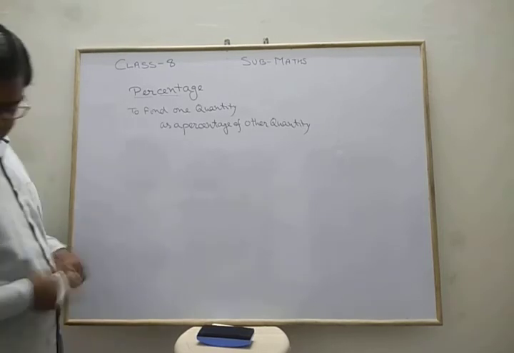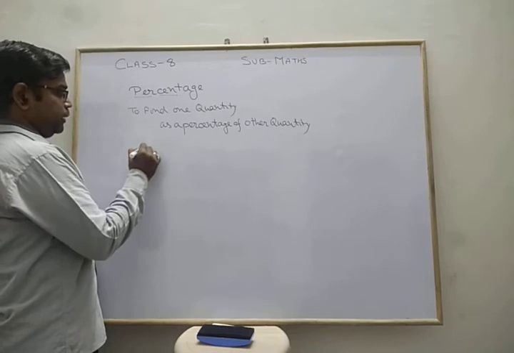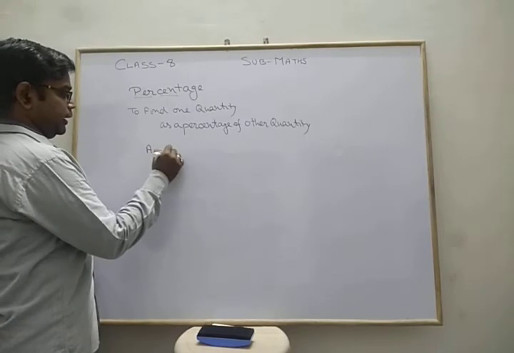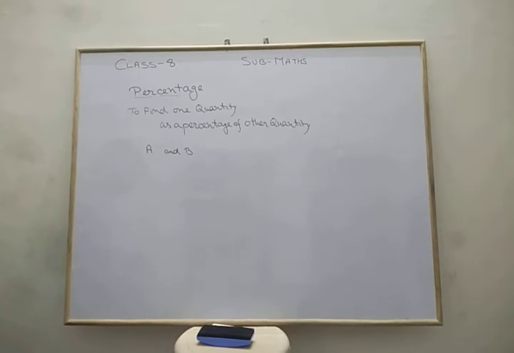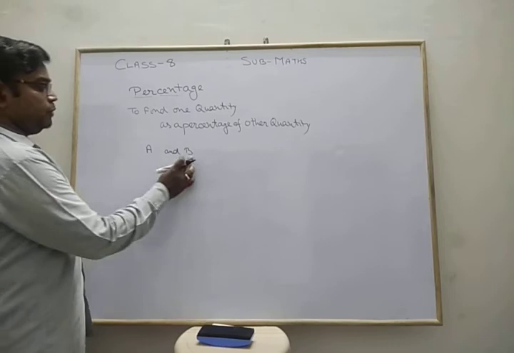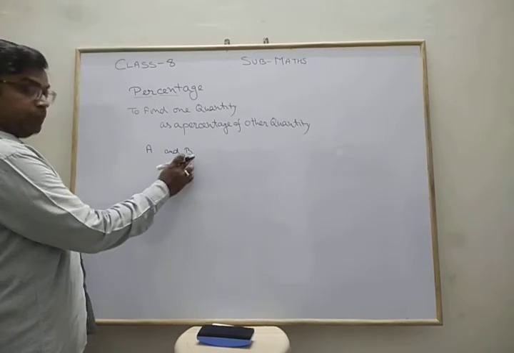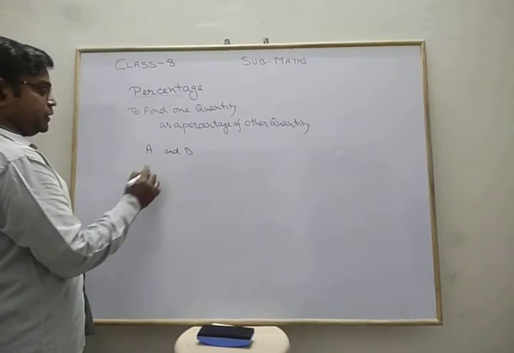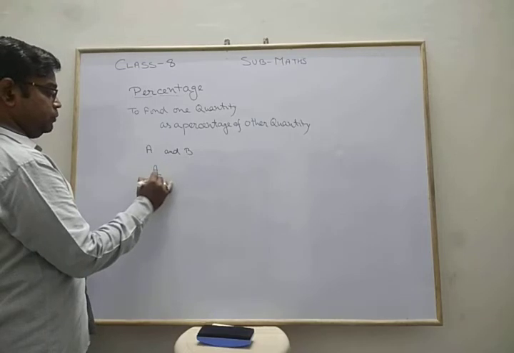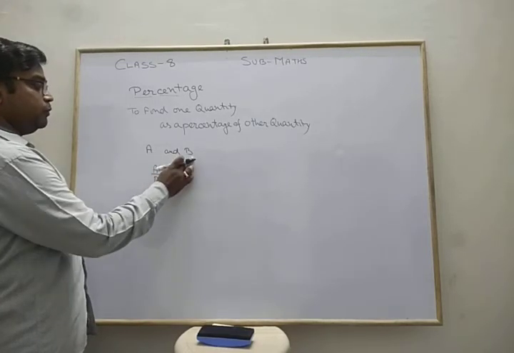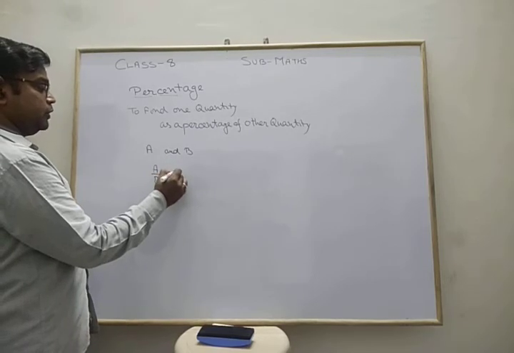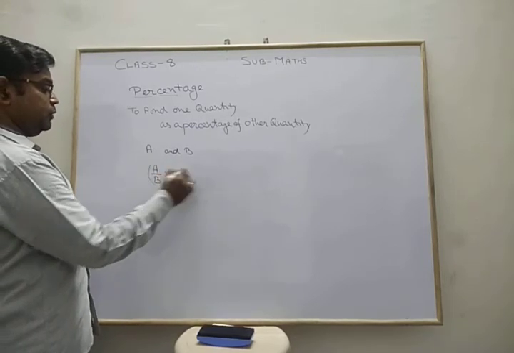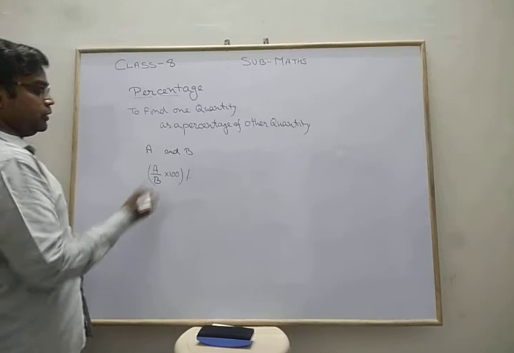Suppose we have two quantities, A and B, and the question asks what percentage of B is A. We must write A upon B, because out of B, A is there. Then we convert the fraction to a percentage. It's A upon B percent. This is the concept.